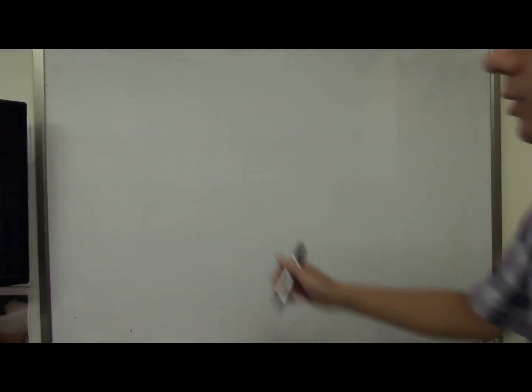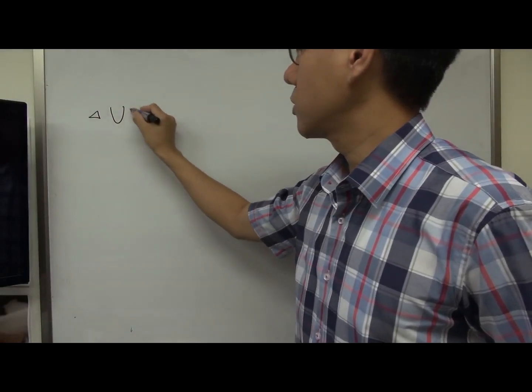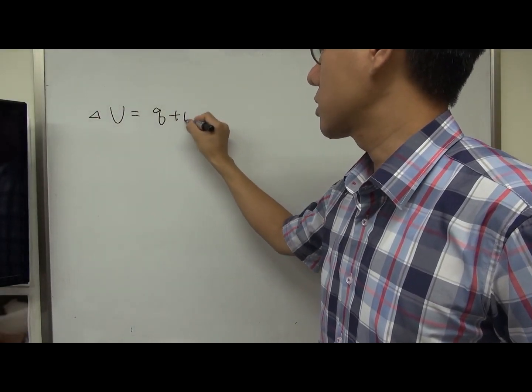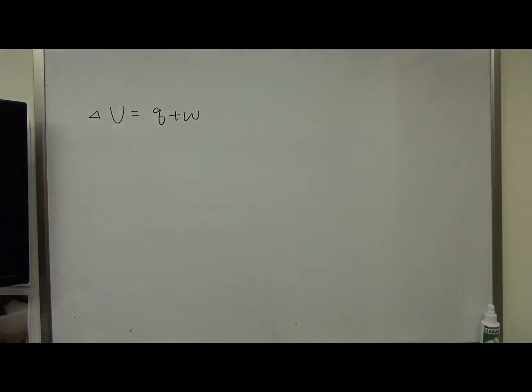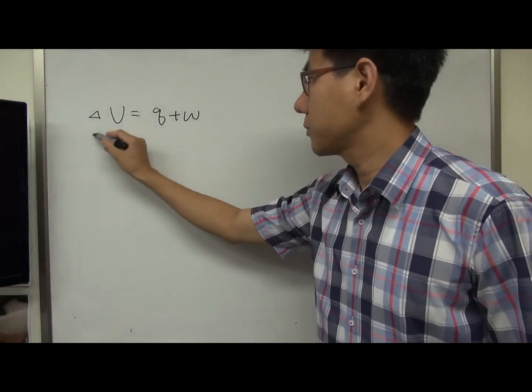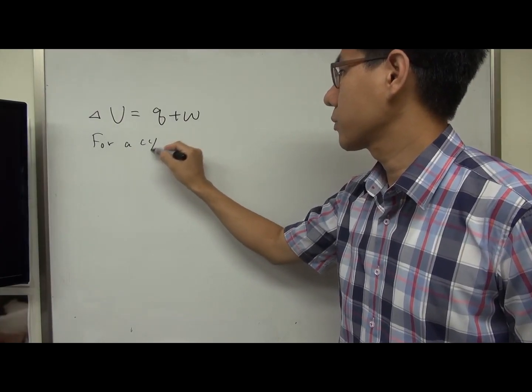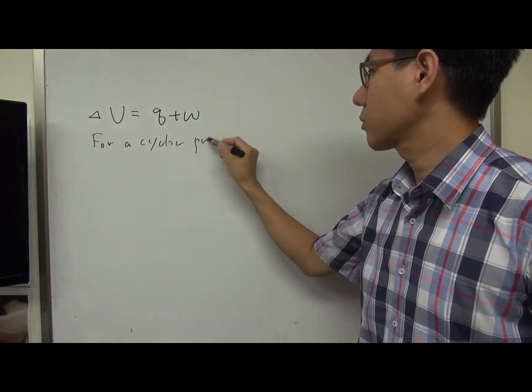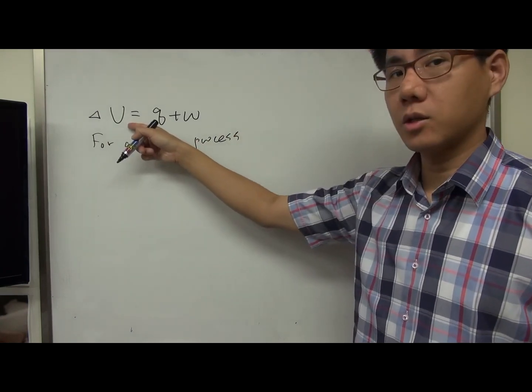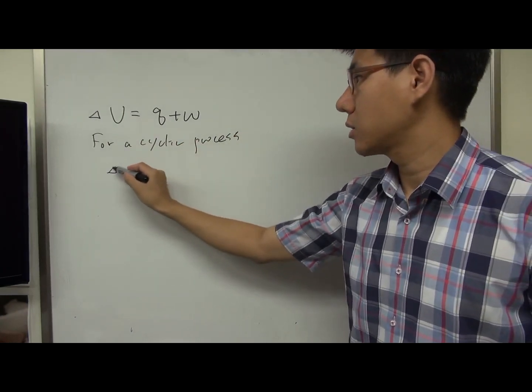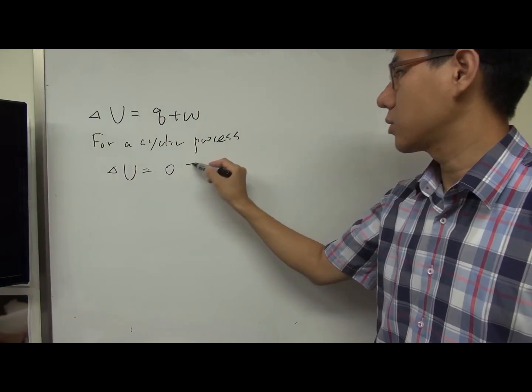From the first law of thermodynamics, delta U is equal to Q plus W. For a cyclic process, since internal energy is a state function, delta U is 0.